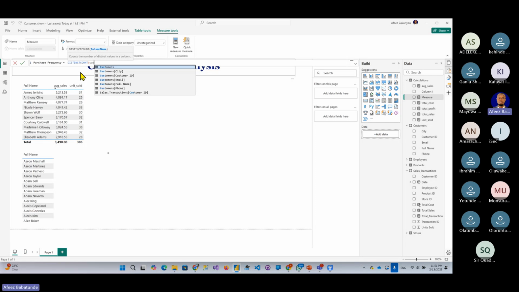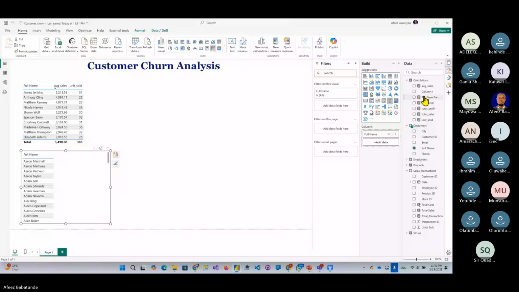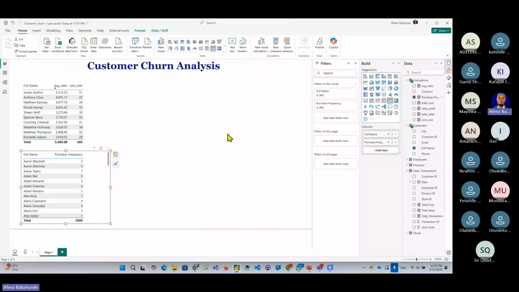We can do transaction ID. Yep, transaction ID. So this will tell us how many times this customer visited our store. So can you see? This will tell us.